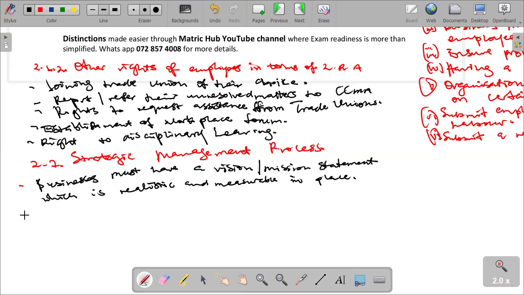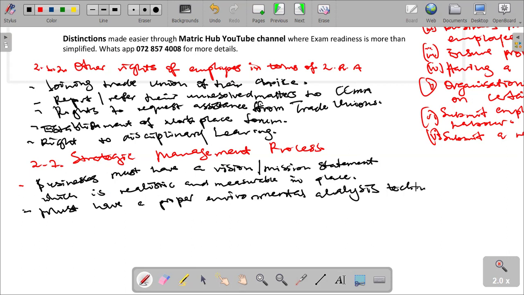Another point is that it must have a proper environmental scanning, or environmental analysis, technique in place.